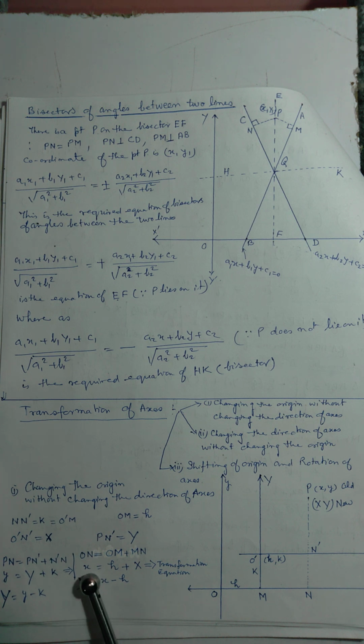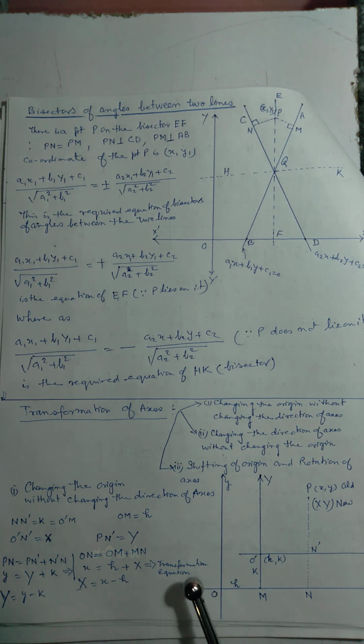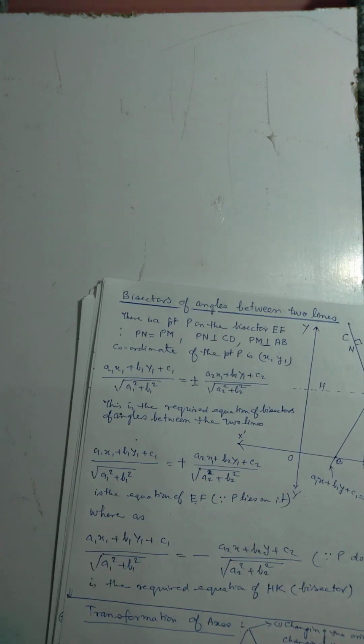And if you want to know the initial abscissa, that is h plus capital X. So these are the transformation equations, how to transform it. Now proceed further.